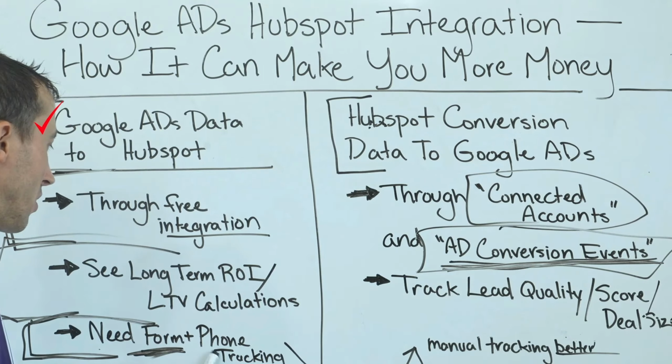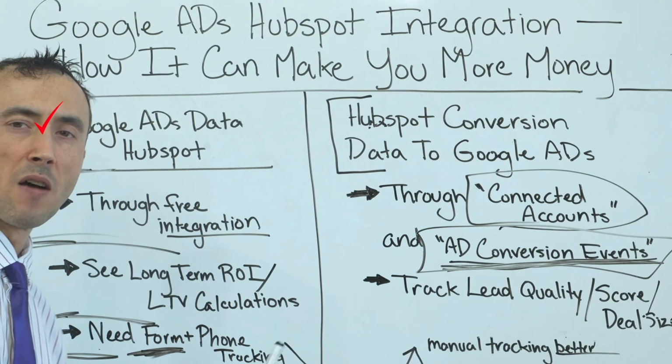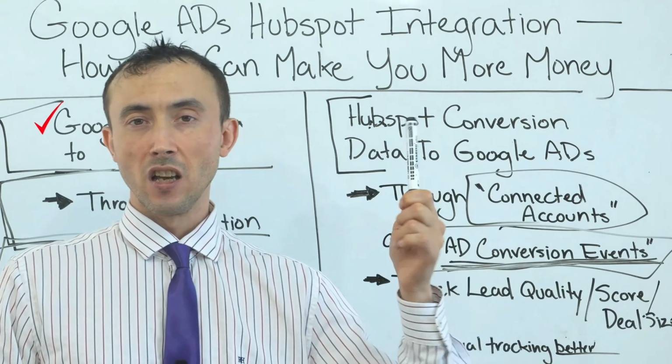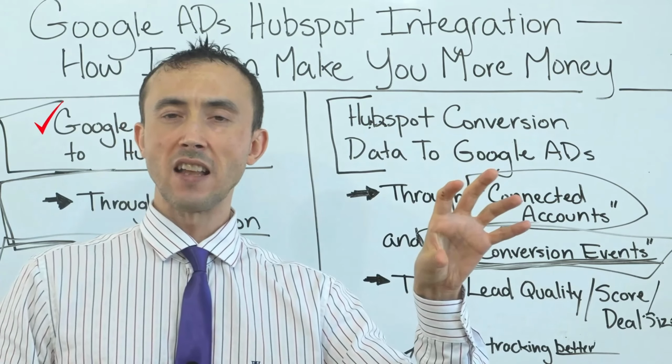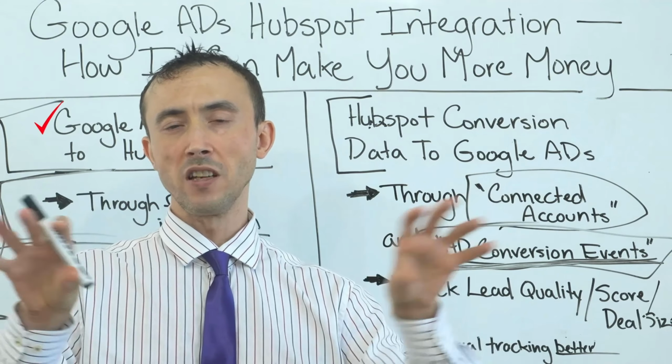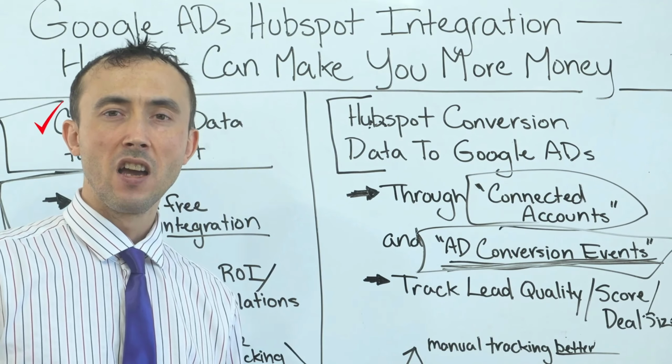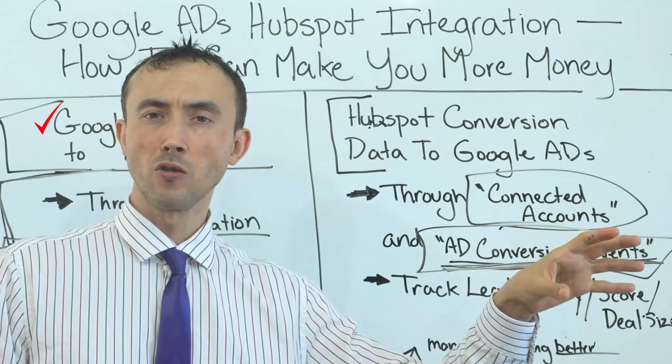However, the phone leads that you have coming in, HubSpot does not, at least outside of the box, provide you a way to link the Google Ads data to the phone call leads you have coming in. And in order to do that, you need a Zapier account, and you need to use a call tracking provider.